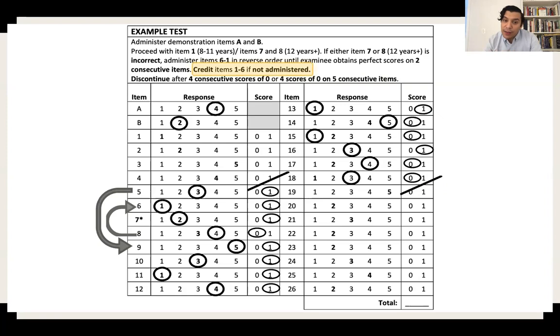Now, when we're scoring this, we want to remember to credit items 1 through 6 if not administered. So items 1 through 4 were not administered, so we have to credit those items. And then we would count up all of the correct responses and get a total score. Here, 13.